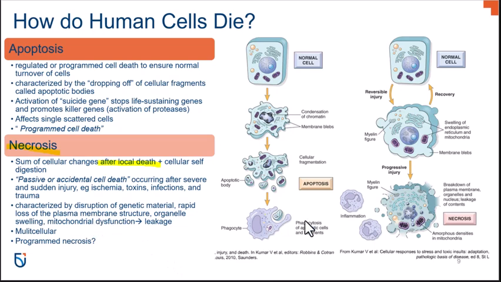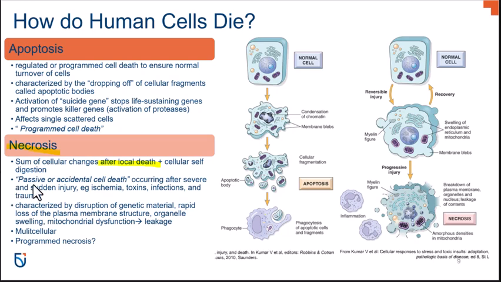And because membrane integrity is lost, necrotic cell contents, so all the necrotic components within the cell can now leak out and can actually cause the signaling of inflammation in the surrounding tissue around it. So it's a very messy process.